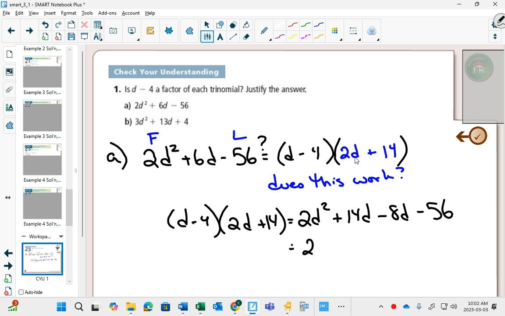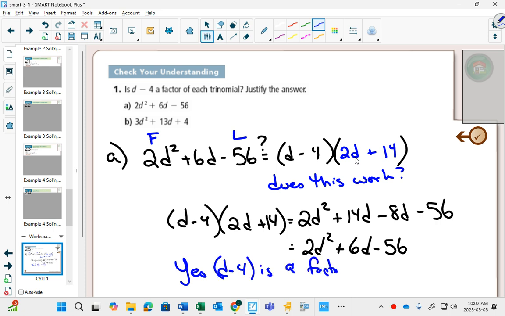If I combine those two in the middle, I get a plus 6d. Is that what it was originally? So we can say, yes, d minus 4 is a factor. That's method number 1.